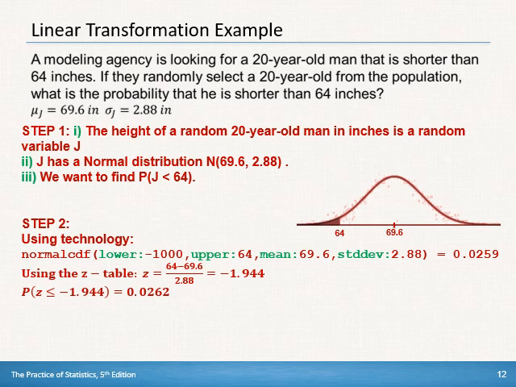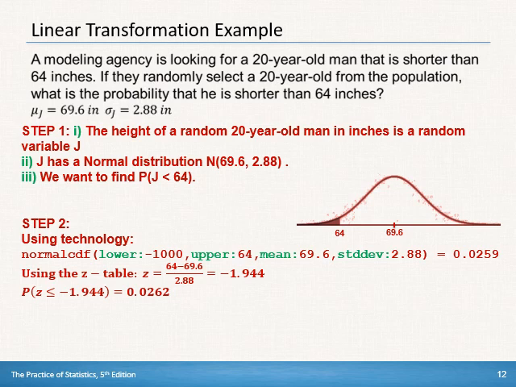So that will simply give us the shaded region. Remember, that shaded region represents the proportion of men that are shorter than 64 inches tall. And that's what we're thinking about, right? In the whole population, 2.6% of 20-year-old men are shorter than 64 inches.